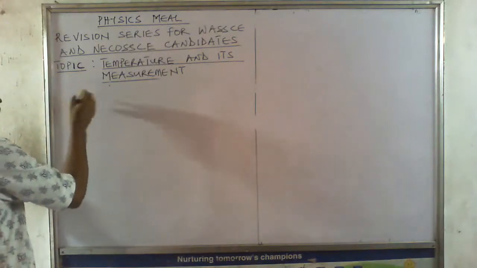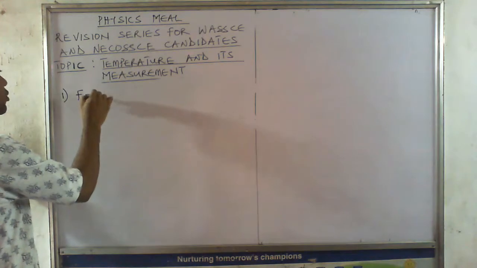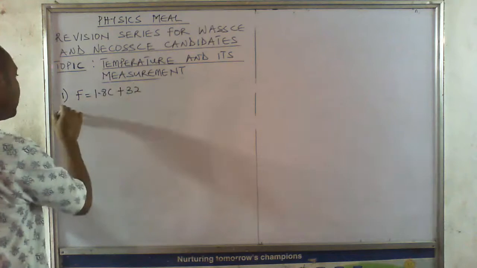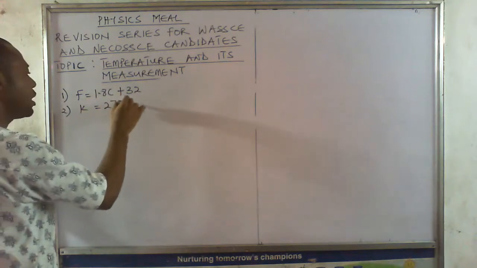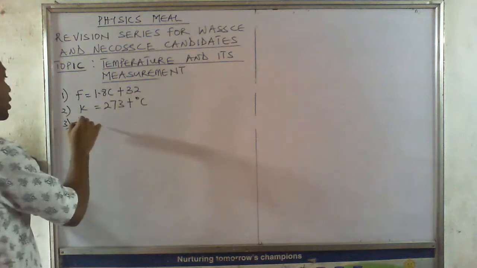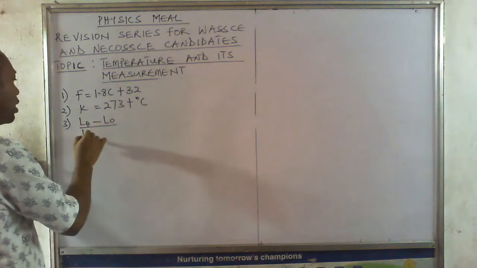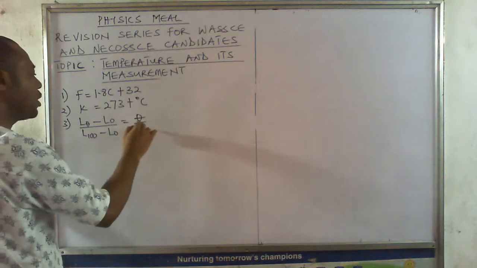We're able to say that Fahrenheit is actually 1.8 C plus what? 32. You remember that. We also say that K is what? 273 plus that. Then we generated other expressions where we say that (Lθ minus L0) all upon (L100 minus L0) is equal to θ over 100.